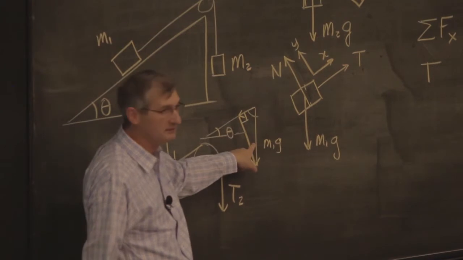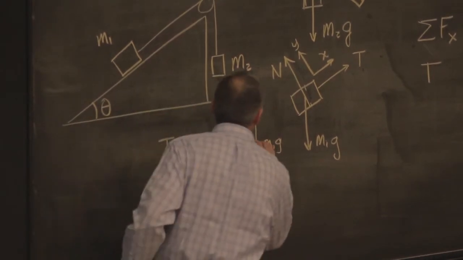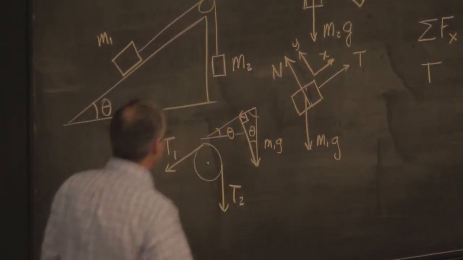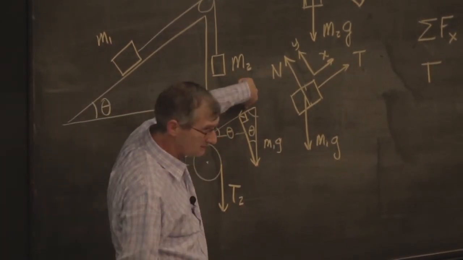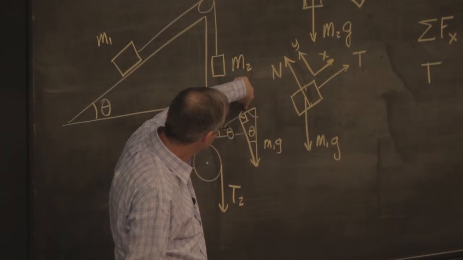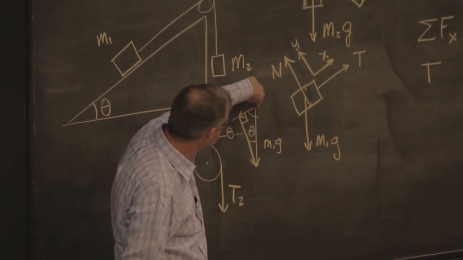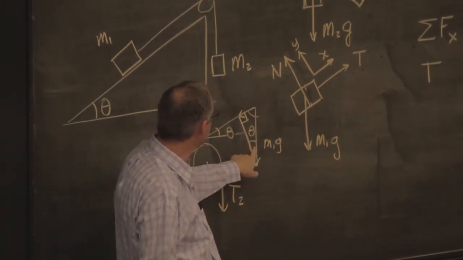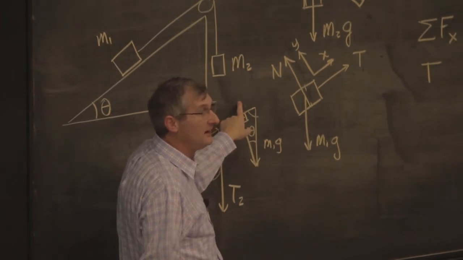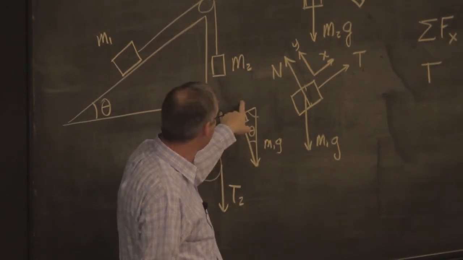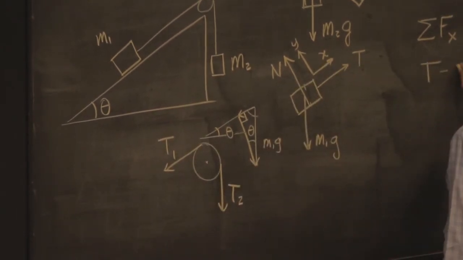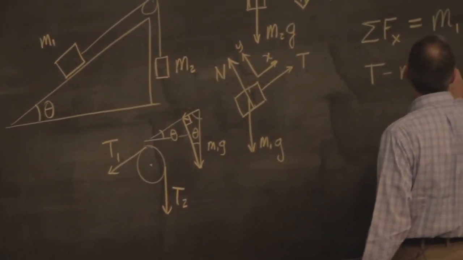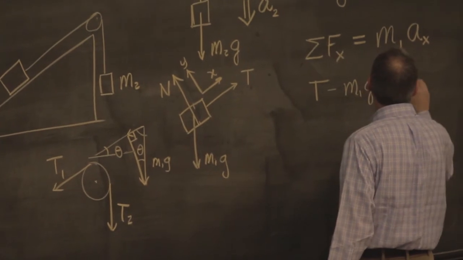So what is this angle? Theta. That's back to theta. Okay, so I need to know this component. How much is that compared to the hypotenuse? That's the opposite. That's the far side over the hypotenuse. So I have minus m1g sine theta.